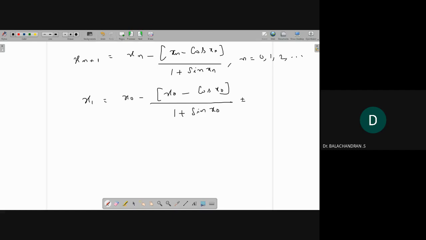Okay, now the right hand side expression has x naught, but I will consider x in general instead of x naught.